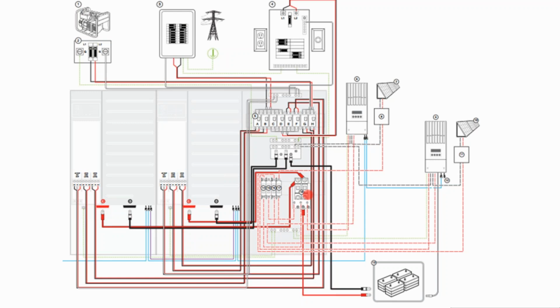And then over here we have our battery bank that's being wired into a DC bus, the positive bus and the negative bus. We see on the positive bus that we have breakers and the negative bus does not.